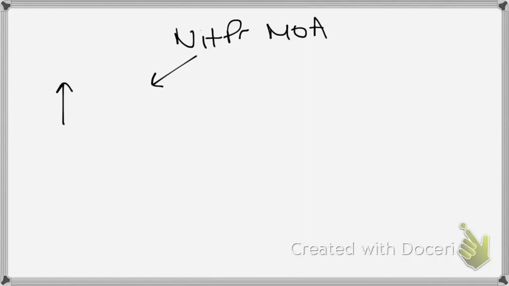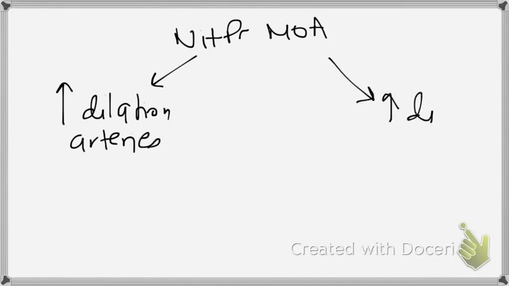Nitroprusside mechanism of action. It increases dilation of arteries and it increases dilation of veins.